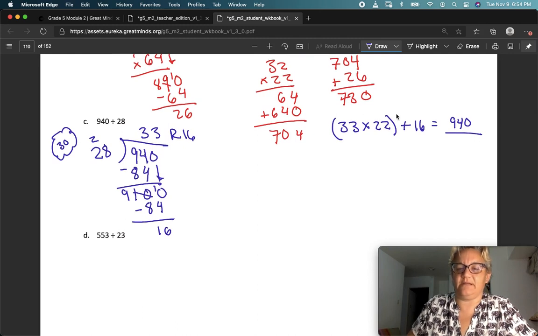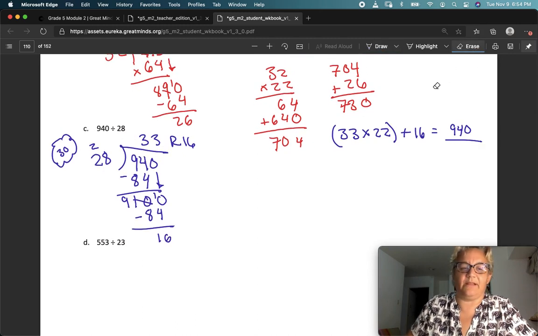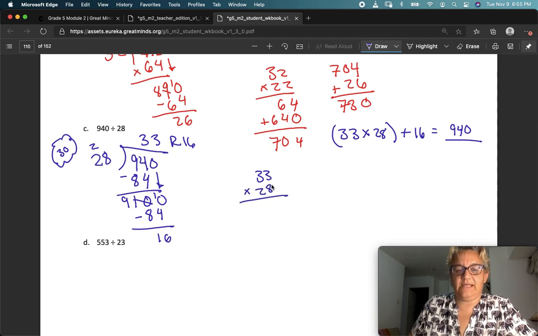Oh, I'm sorry. I'm looking at the one in red while I'm writing the one in purple here. 28. Okay. 33 times 28. 8 times 3 is 24, carry the 2. 8 times 3 is 24, plus 2 is 26. Drop the 0. 2 times 3 is 6. 2 times 3 is 6.